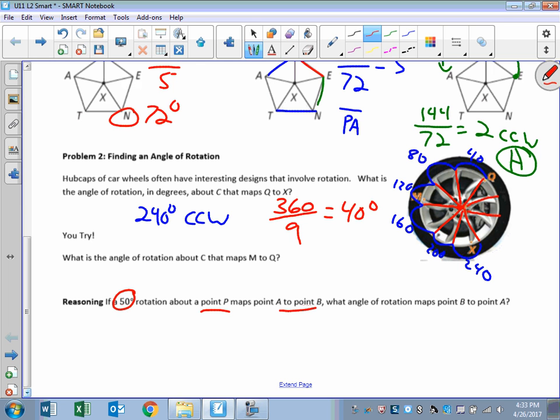Now it asks, how far would it be to go the other way from B to A? So we're assuming we're going to go in the same direction, right? It's going to be counterclockwise.